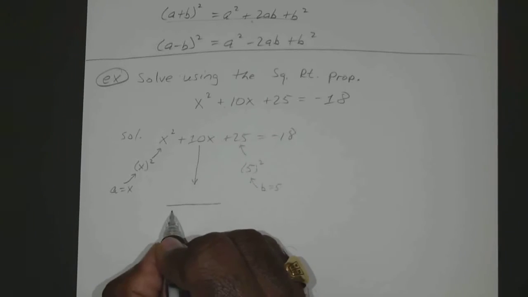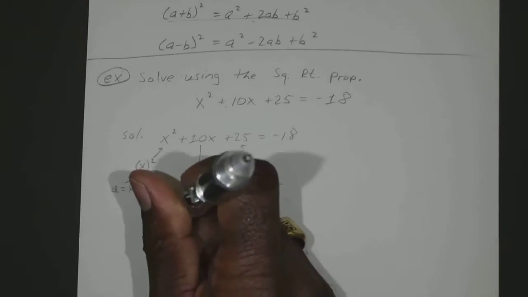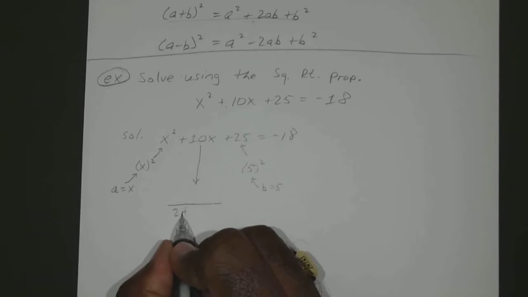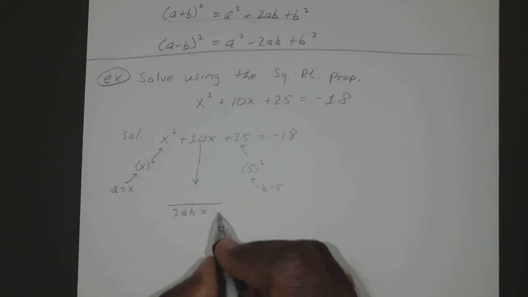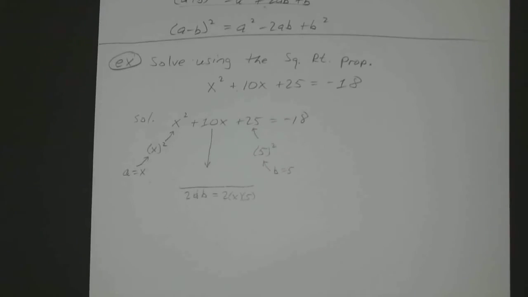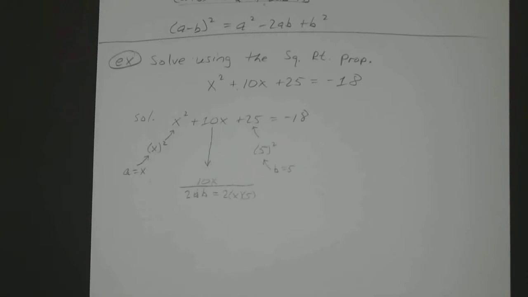Okay, so we know that this has to equal 2 times a times b. So that's 2 times x times 5. So it's 10x, so it's a perfect square trinomial.